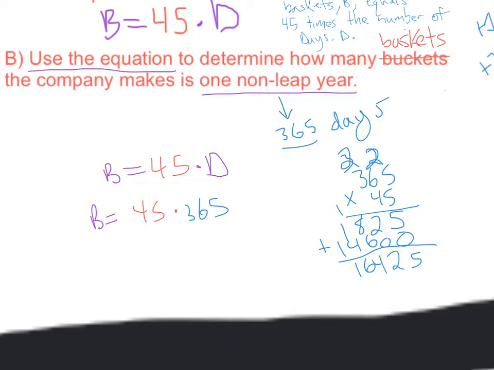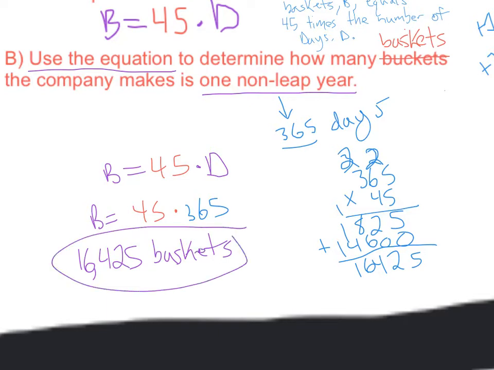And you should get 16,425 total baskets in 1 year. So if you make 45 baskets every day for a year straight, you're going to end up with 16,425 baskets. There we go. Alright, let's check out number 2.